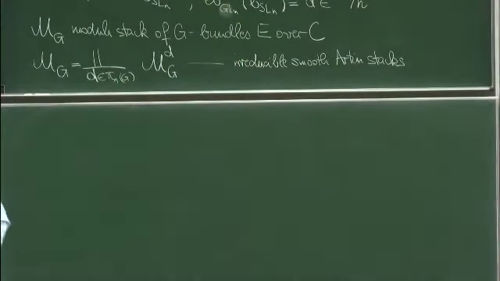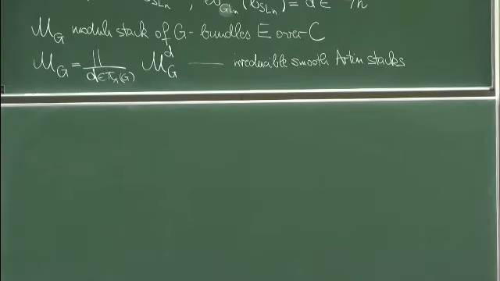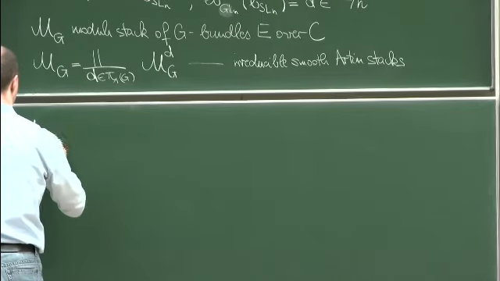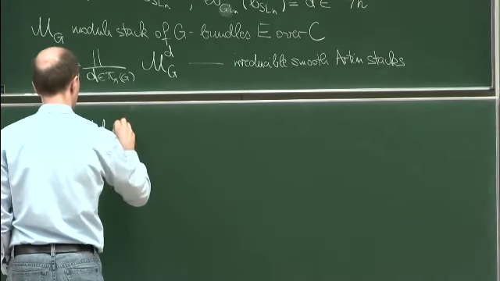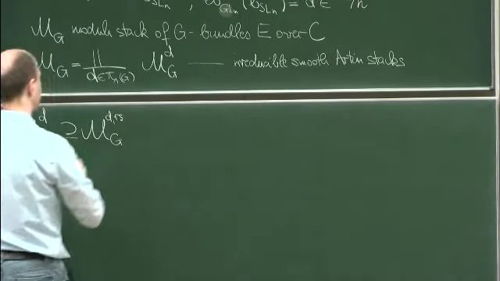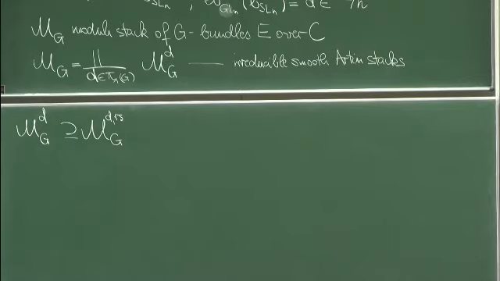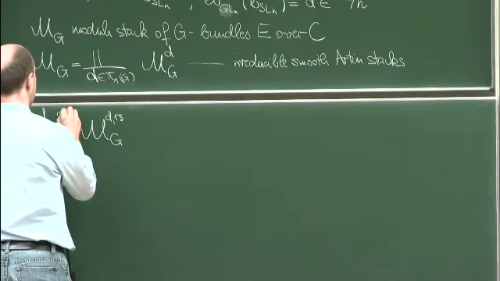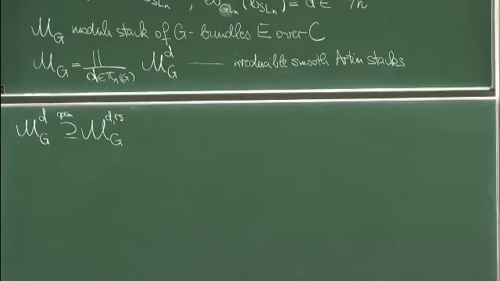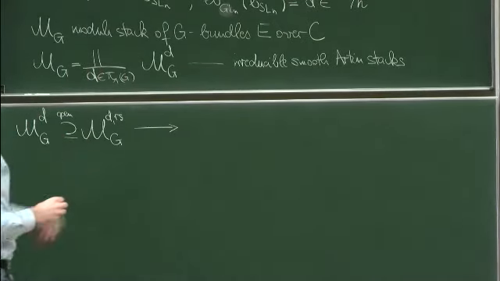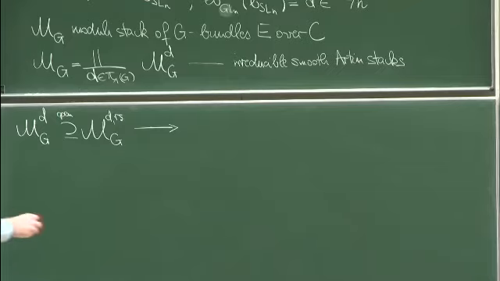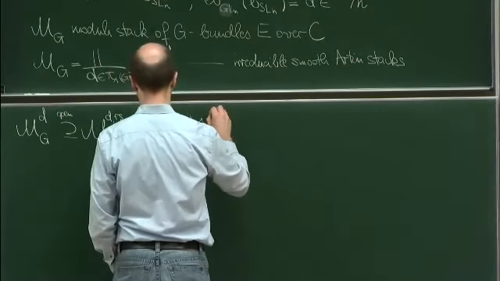And there is an open locus corresponding to regularly stable G-bundles. So this is open. That's by definition the locus where the G-bundles are stable and automorphisms are only the center. And this moduli stack now has a classifying map, a forgetful map to the coarse moduli scheme.